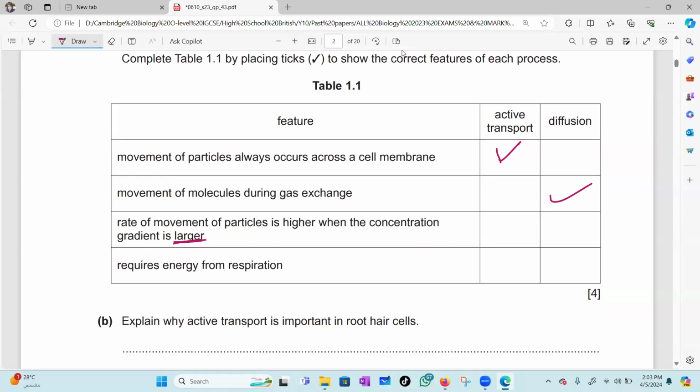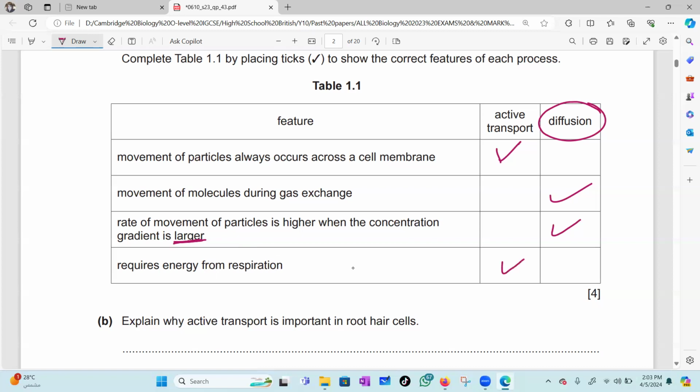Of course not. Active transport is from low to high concentration. It does not depend on the difference between the concentration gradient. This is one of the factors that affects the rate of diffusion. The more the concentration gradient, the faster the diffusion. So this is diffusion. Diffusion requires energy from respiration. Active transport or diffusion? Active transport.